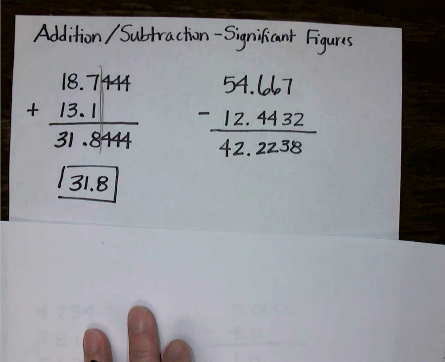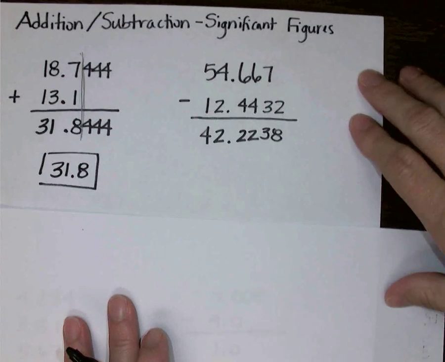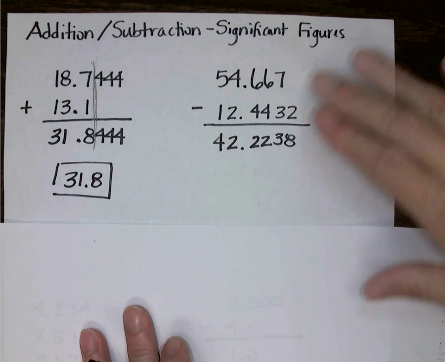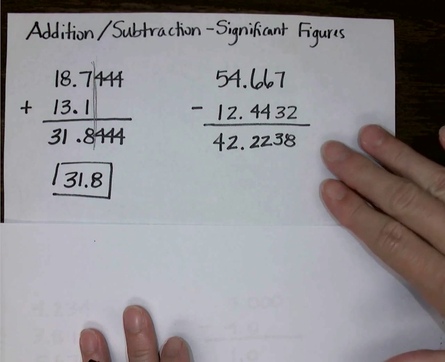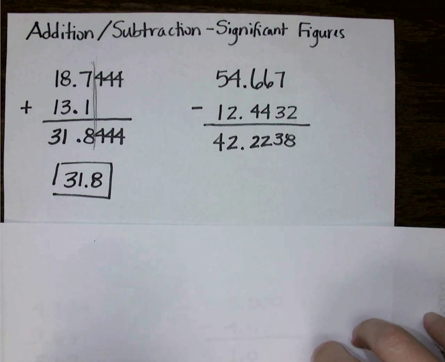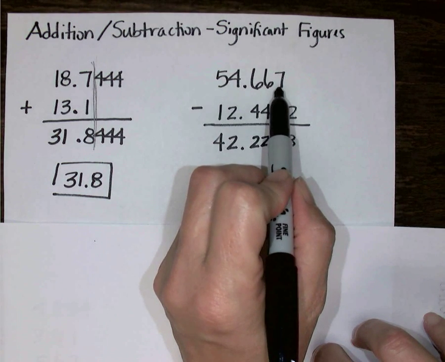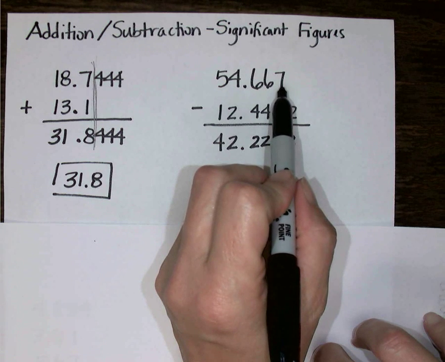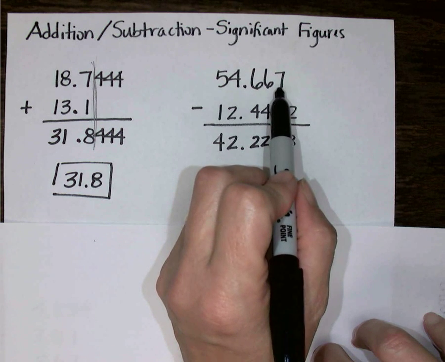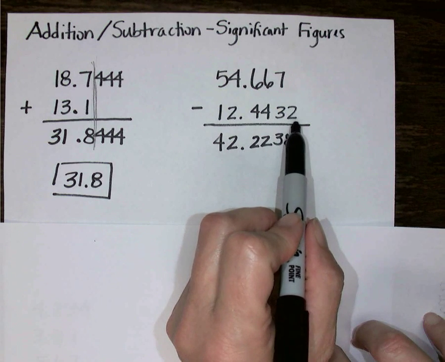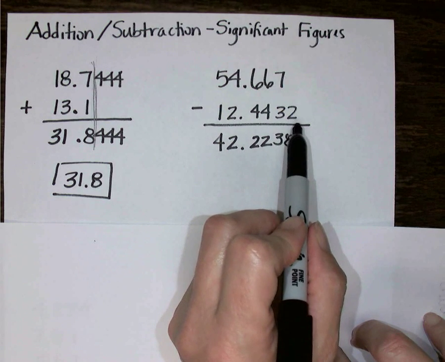Similarly, we have a subtraction example, and again, I've already begun the work, so this is what the calculator gives. If we look at 54.667, our number ends at the 1,000th place. If we look at 12.4432, the number ends at the 10,000th place.